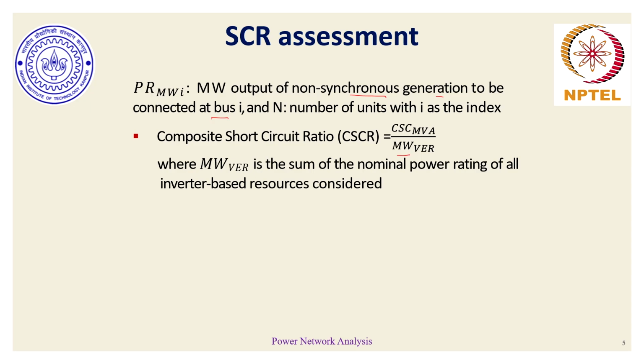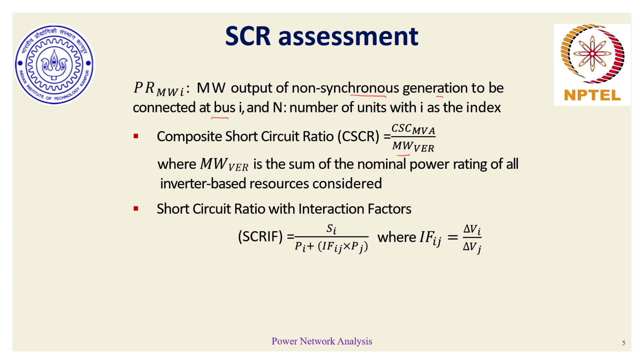The other well known, popular index, which has recently come up in the last few years, is short circuit ratio with interaction factors, where the short circuit ratio is basically the rated short circuit capacity divided by the participation or interaction among how the inverter-based devices can sustain during voltage swell or sag conditions, provided they have LVRT capability.